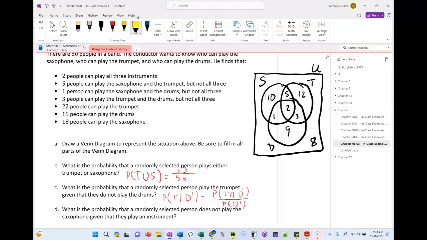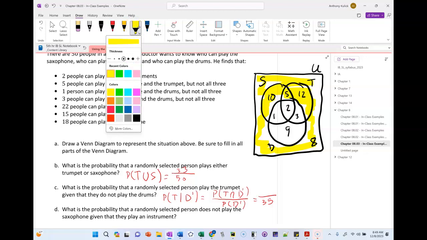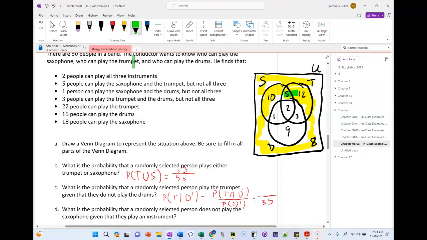So not drums would be all of this. So 8, 20, 35. And then trumpet and not drums would be that stuff, right?